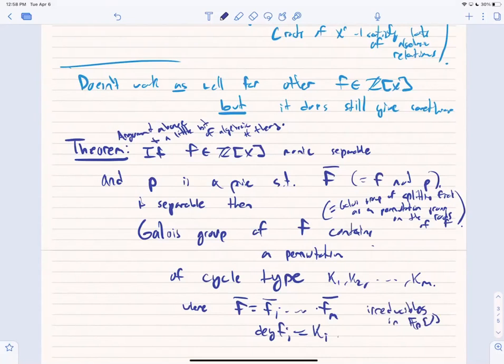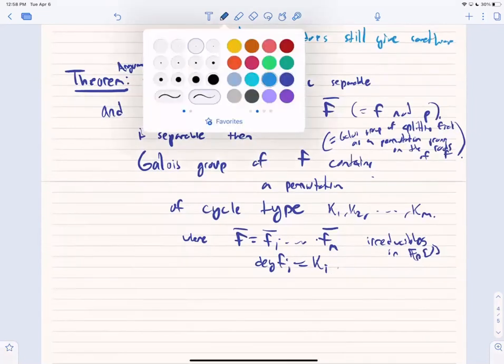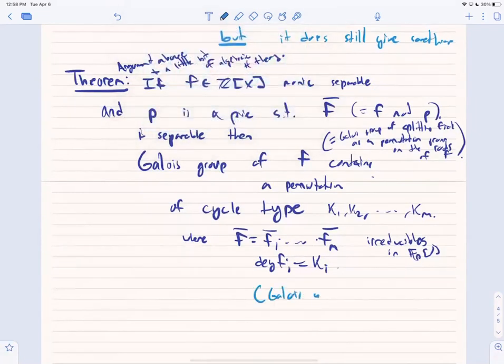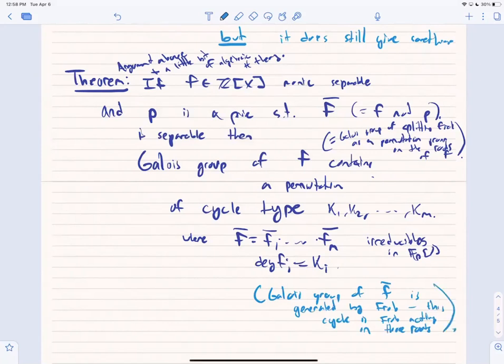Another way to think about this is that the Galois group of F bar is generated by the Frobenius element, and this cycle is just Frobenius acting on the roots of F bar.